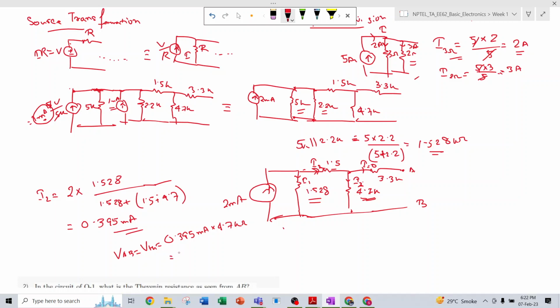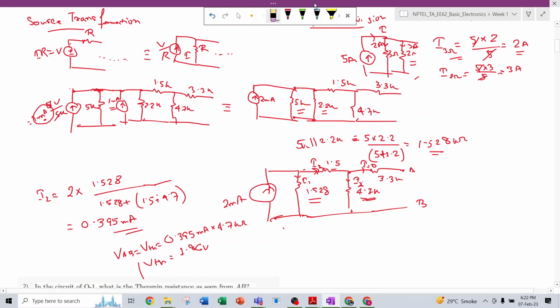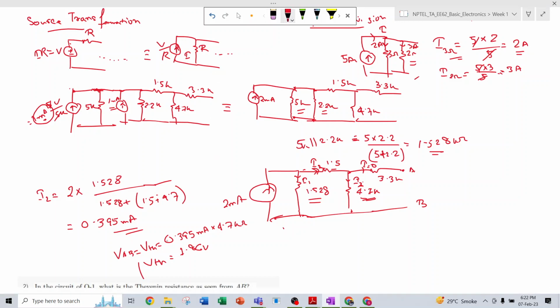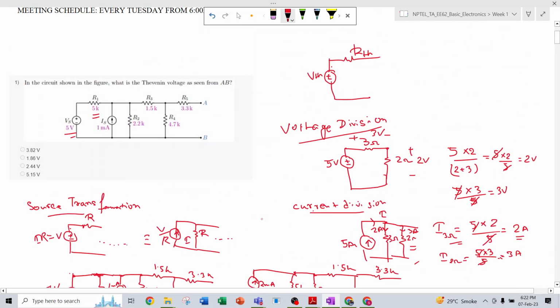So it will come to 1.86 volt. This is nothing but the Thevenin equivalent voltage. So in the given options, option 2, 1.86 volt, is the correct answer.